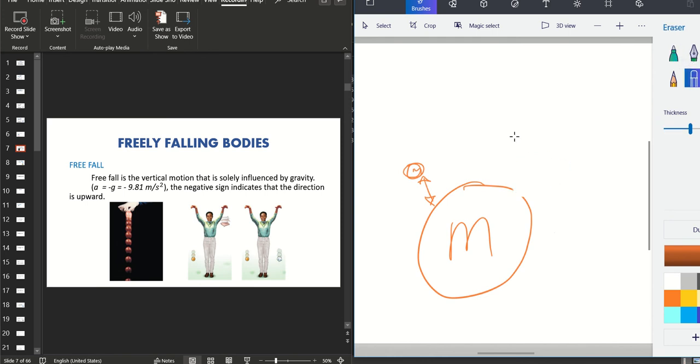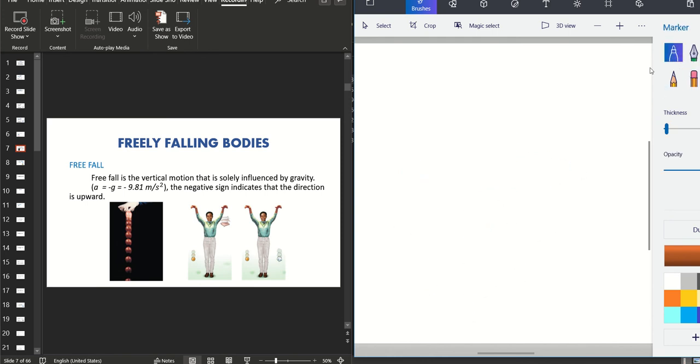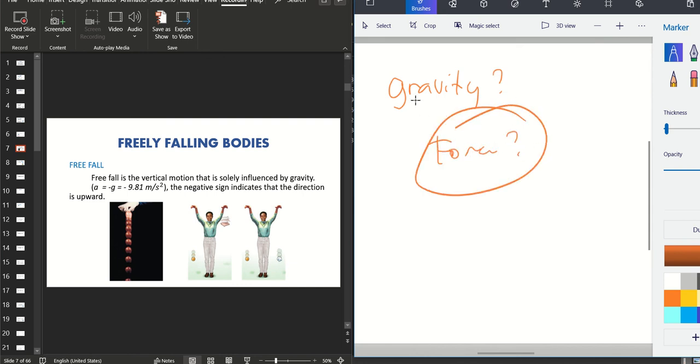Gravity is a very complicated topic because there are still existing debates as to what gravity is. Is it a force? Well, in the eyes of Newton, gravity is a force. But in the eyes of Einstein, gravity is a bent space-time.